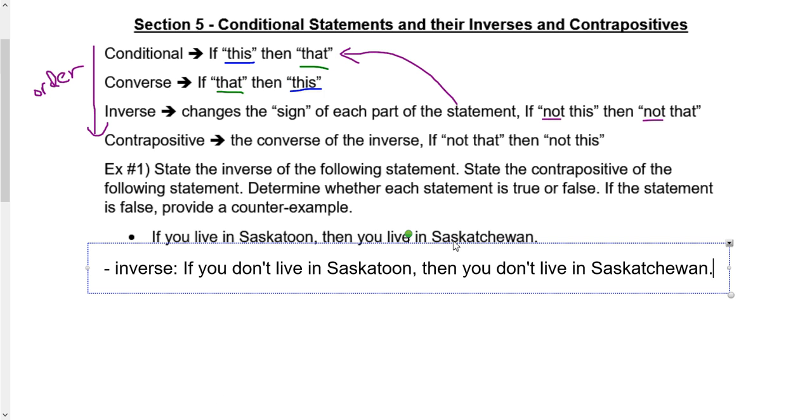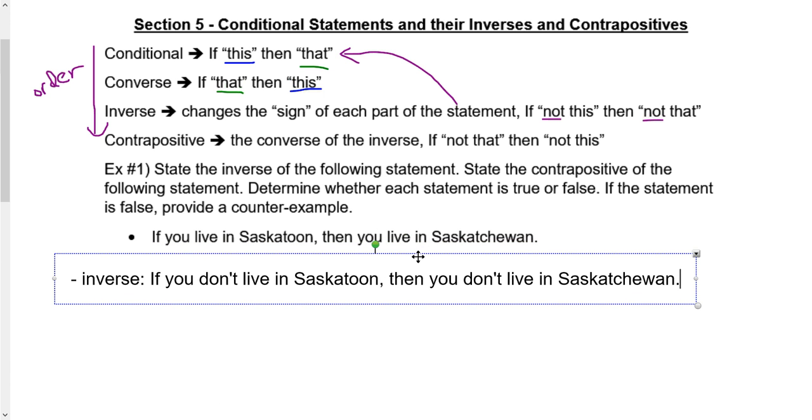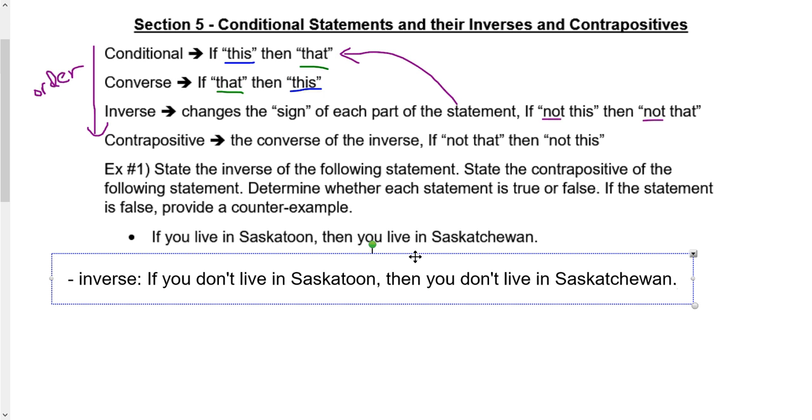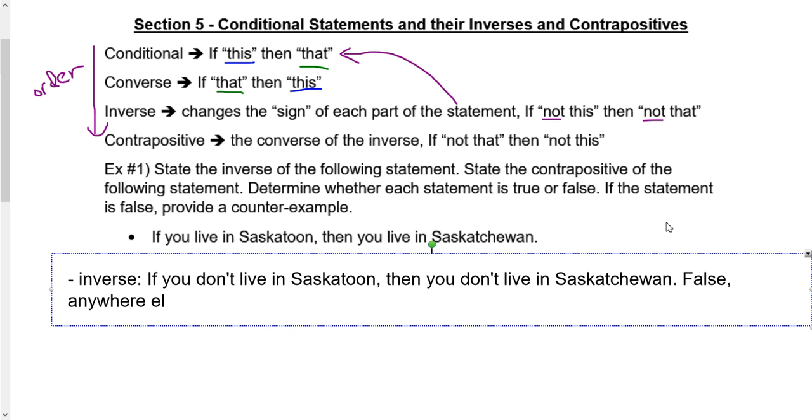Now, it is also asking if the statements are true or false. This one, hopefully you know it's false. Any kind of counterexample could be anywhere in Saskatchewan. Just because you don't live in Saskatoon doesn't mean you don't live in Saskatchewan.